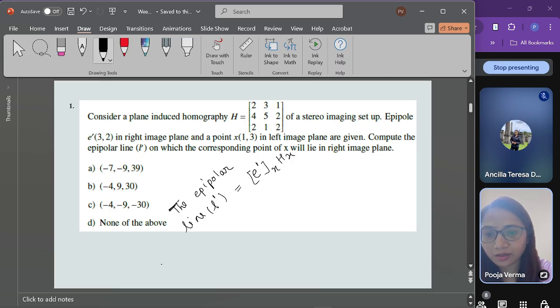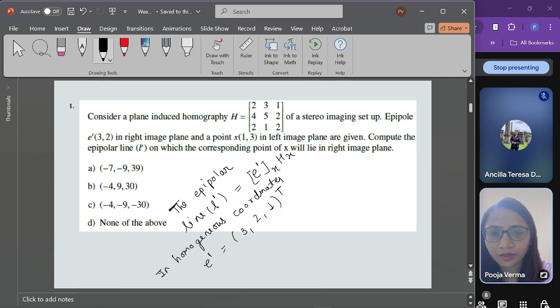That means the epipole first in homogeneous form, in homogeneous coordinates. So first we convert the epipole E dash; we know that we have to add 1 as a third coordinate, and similarly for the image point X also.